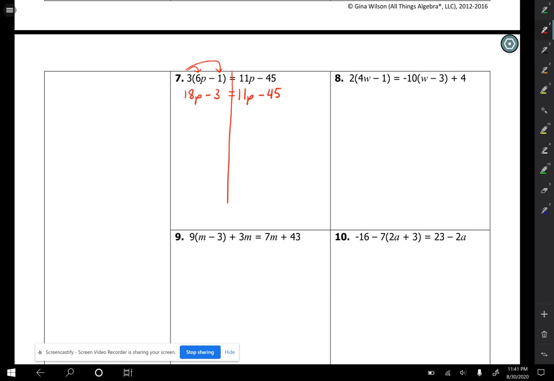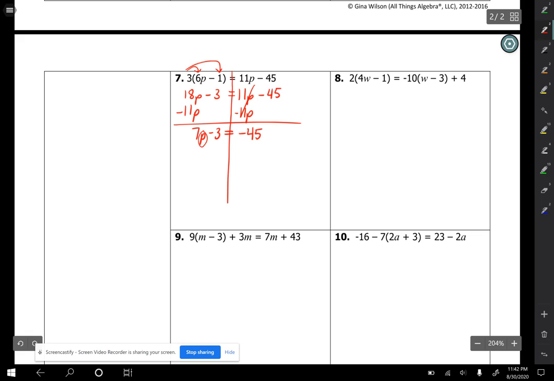Now I can move the 11p by subtracting 11p from both sides. Gotta combine those variables before we can solve. 18p minus 11p is 7p minus 3 equals, those cancel out, negative 45.